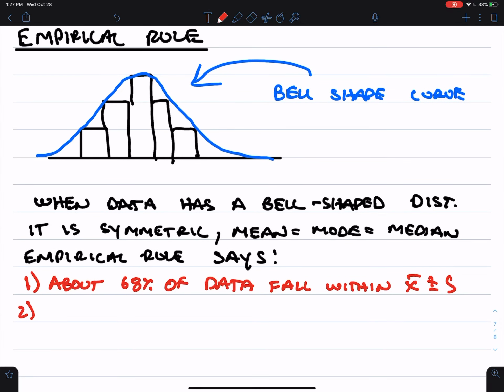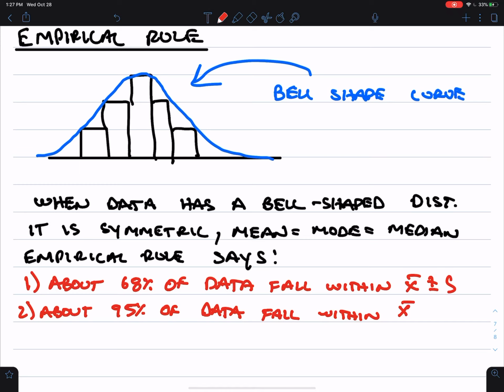Number two, about 95% of data fall within x bar plus or minus 2s.